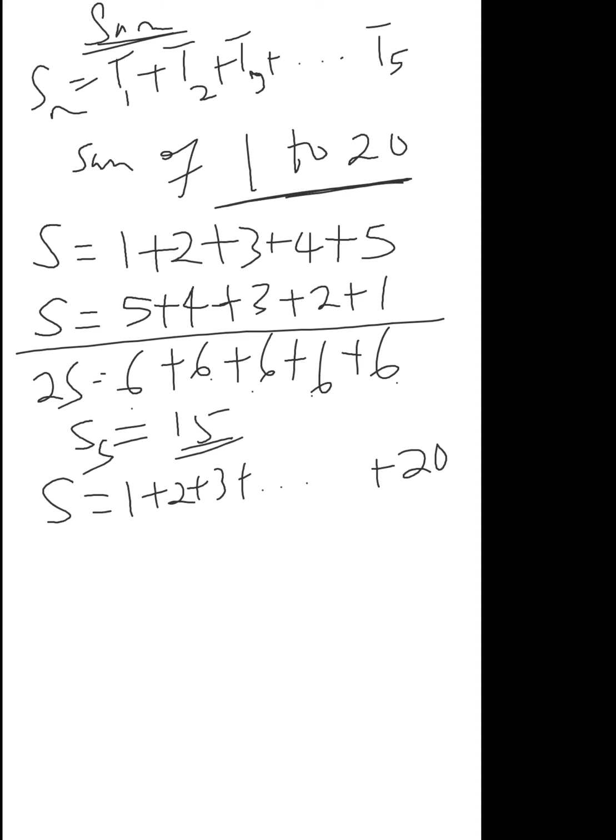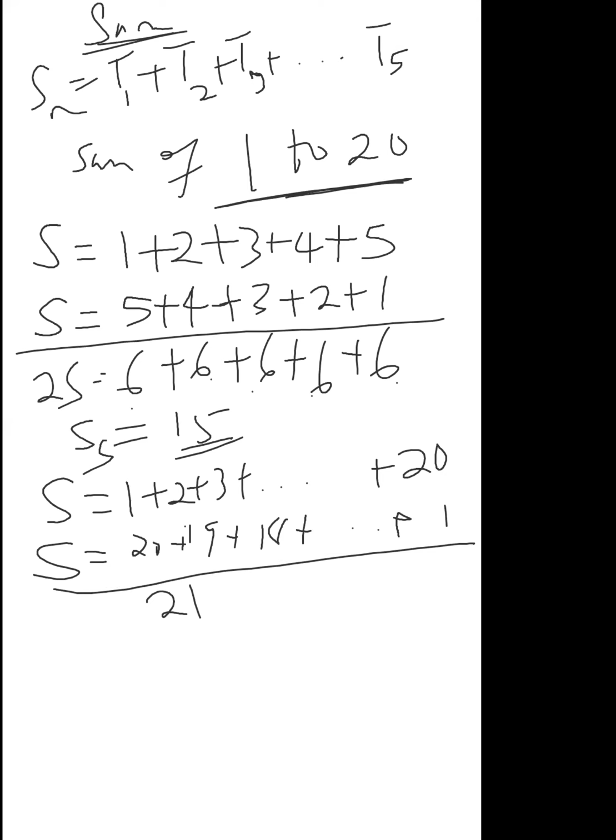Another way I can also add it is to say S equals 20 plus 19 plus 18 plus, so up to plus 1. If I add them together, you can see I still have 21, 21, 21. So how many numbers did I have? 20 numbers.